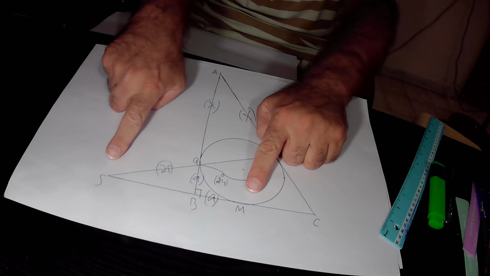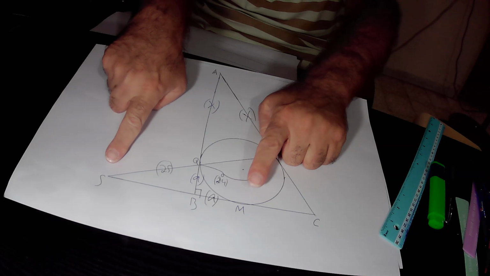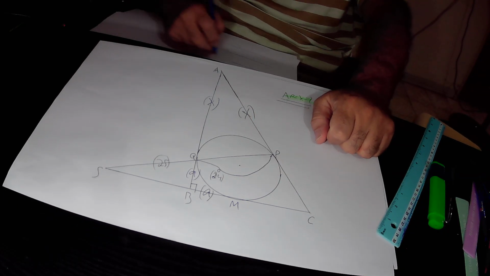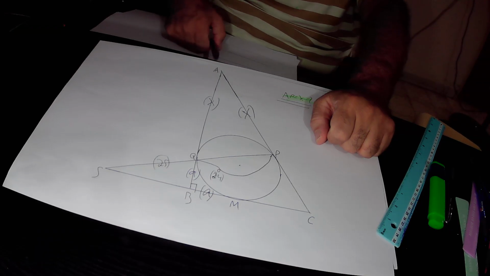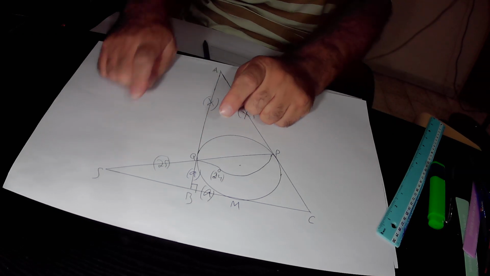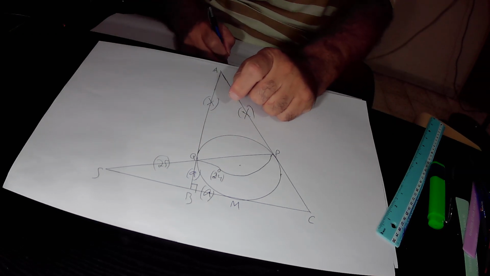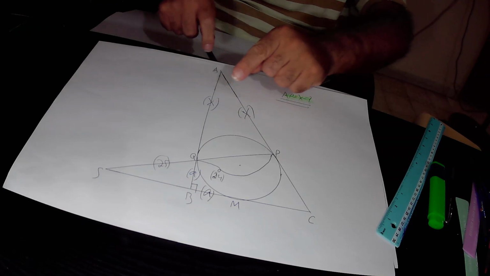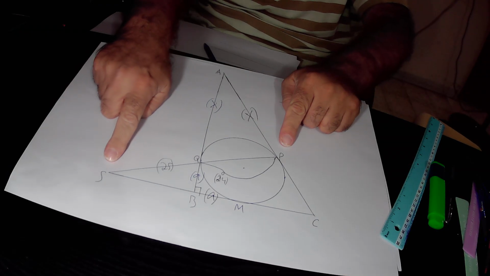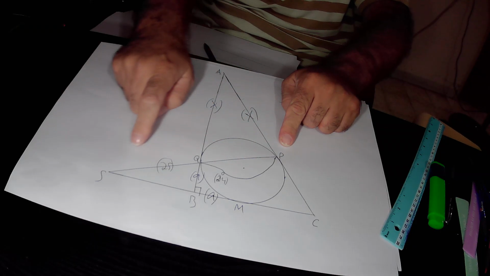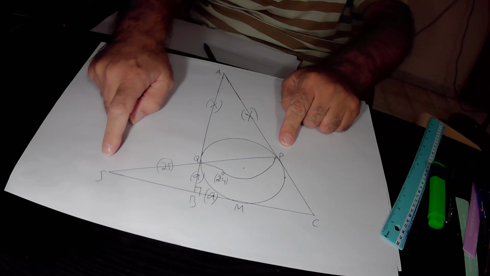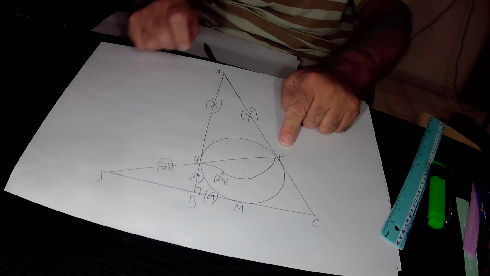SM is the missing tangent, so SM squared equals SQ, that is 25, times SP. SP in total equals SQ, that is 25, plus QP, that is 24. So in total, SP equals 25 plus 24, that is 49.